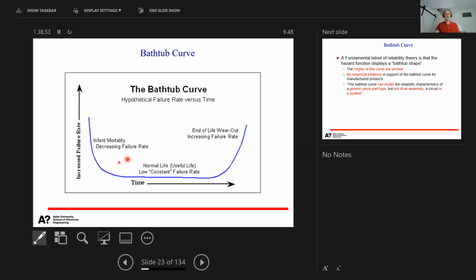So this describes the three phases in the lifetime of an average component or system. Again, one needs to understand that this is not for one single component. It's on average: if you have 1 million components, then they behave like this.